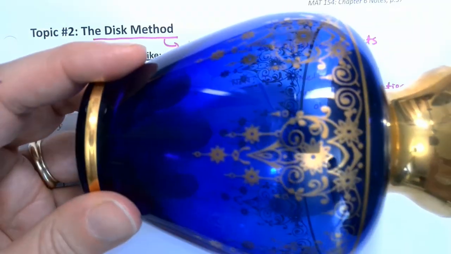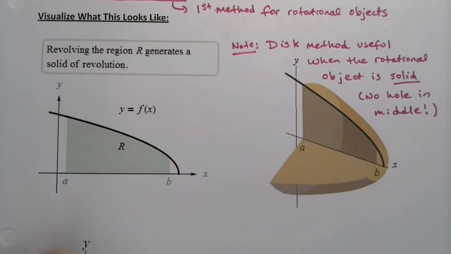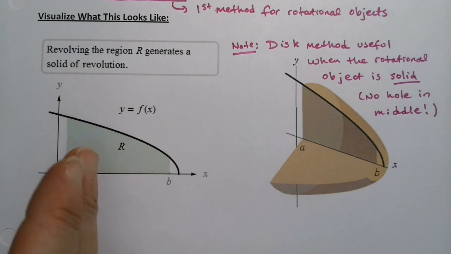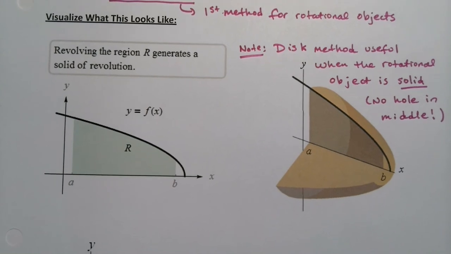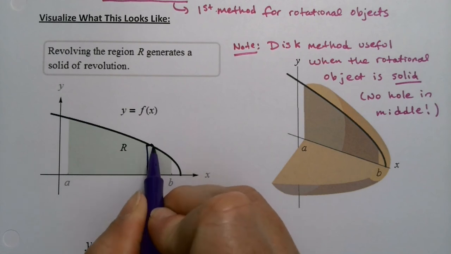So the disk method would be you slicing across this with disks. All right, so now if I slice across that region, and then when I rotate it around, it forms a disc, right? So I would take a piece of this like that.